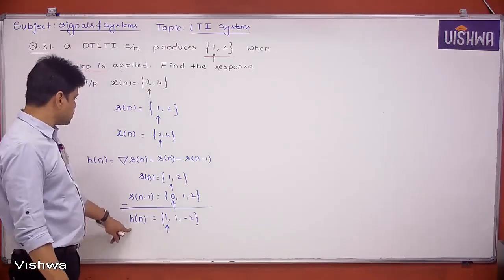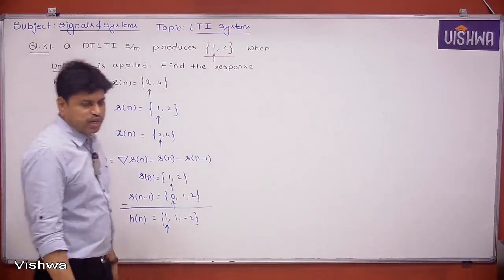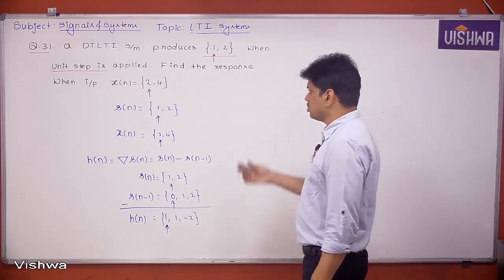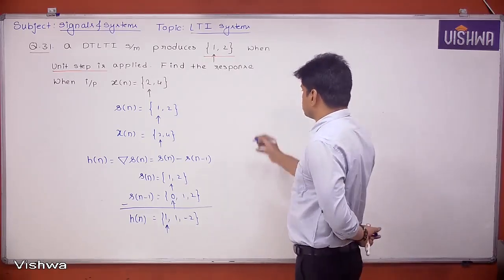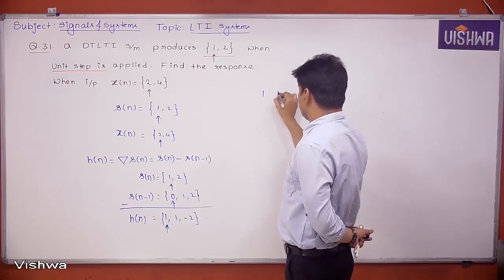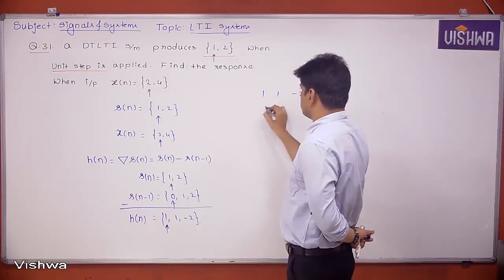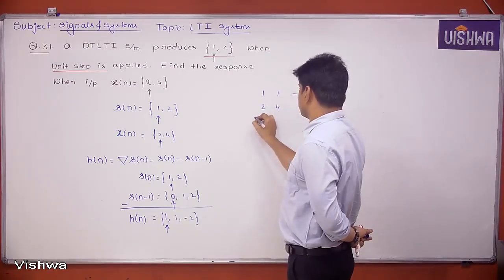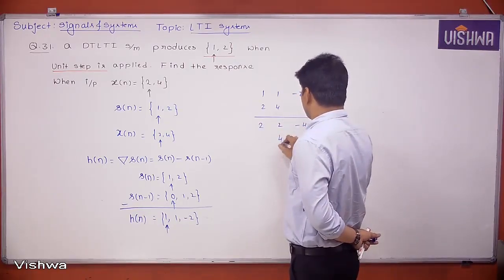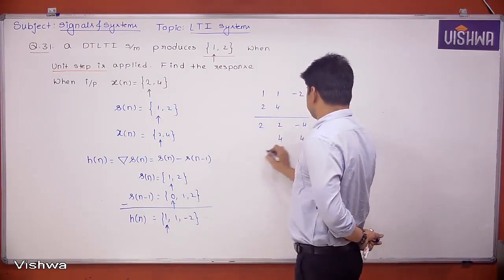Now I have the impulse response and the input. How can we calculate the output? I told you the multiplication method for finding the output of discrete time signals. Directly writing h of n as 1, 1, minus 2, and 2, 4 as the input: 2, 2, minus 4, 4, 4, minus 8.